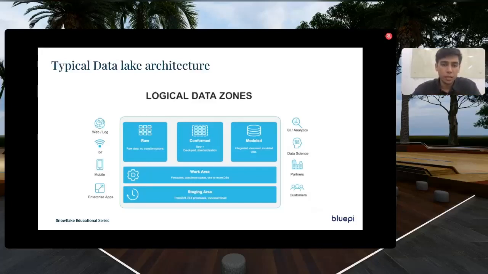So these three zones can be three, it can be four, and it can even be two. It all depends on what type of data lake architecture is best for your organization and for the scope of the project.